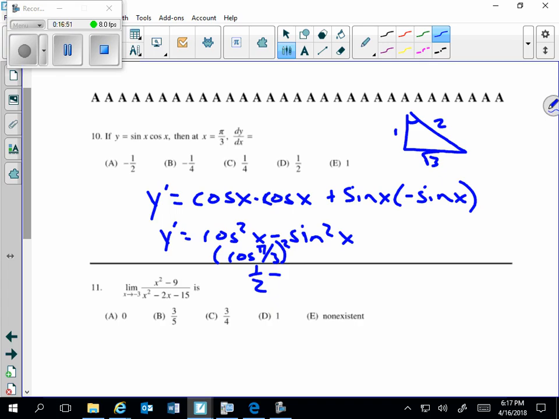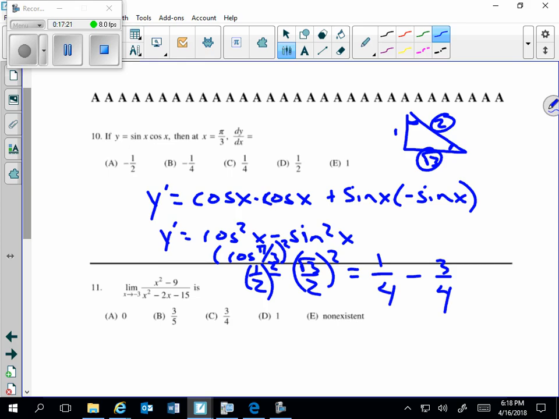What is the sine of pi over 3? So we have right here, pi over 3, opposite over hypotenuse is the square root of 3 over 2. Both of these values are squared, so I get 1/4 minus 3 over 4, right?